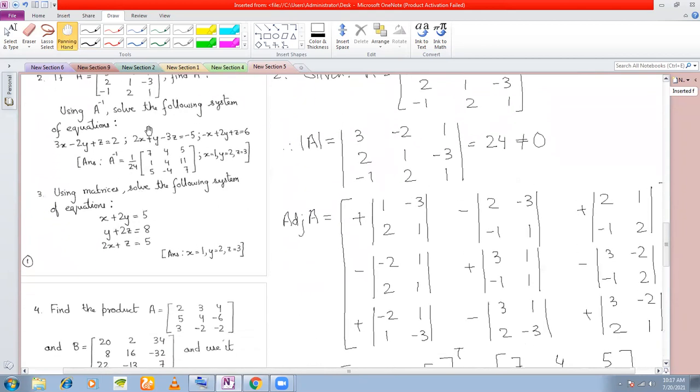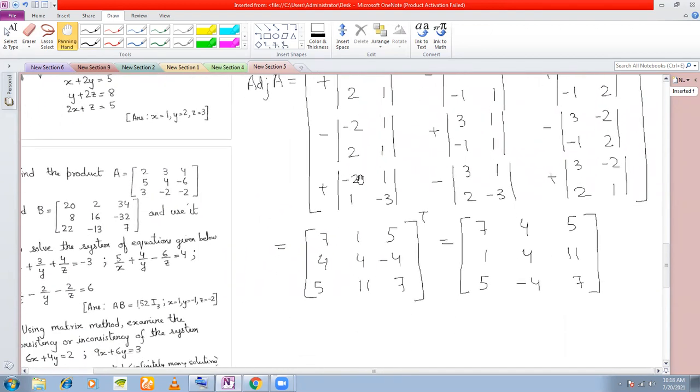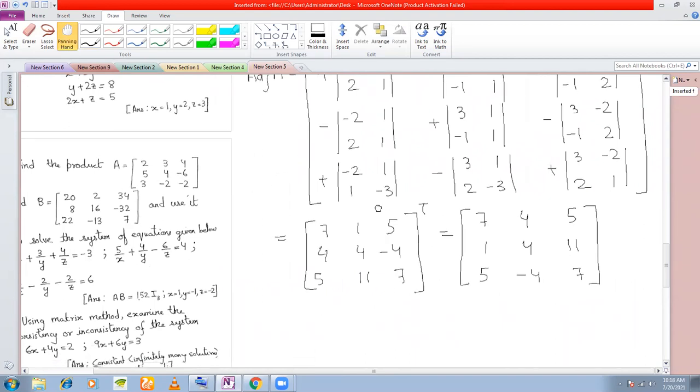Next, using A inverse, solve the following system of equations. Let's write the system of equations. What system of equations is given here?